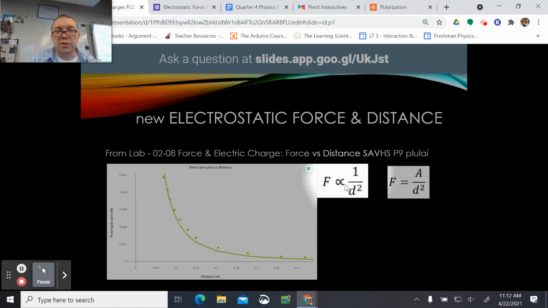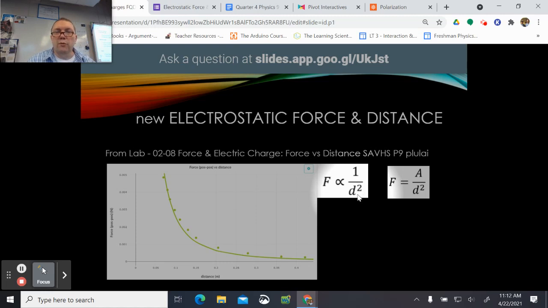My apologies. So if we look at it like this, if this number is 1, well, 1 over 1 squared is still 1. The force is 1. But if this number gets bigger, and now I double the distance to 2, well, now I have 1 over 2 squared, which is 1 over 4.